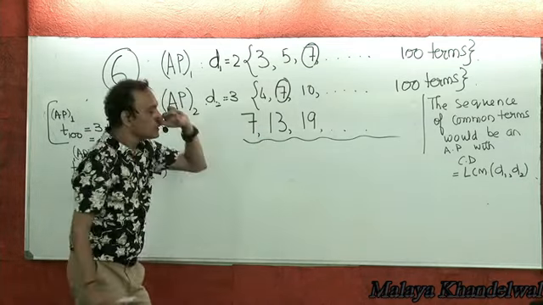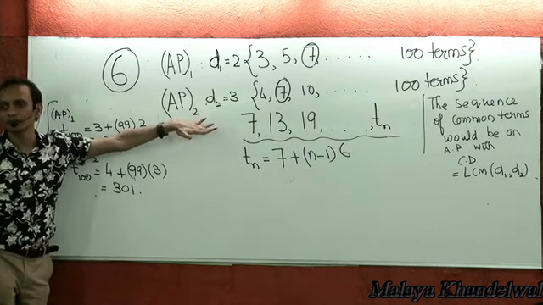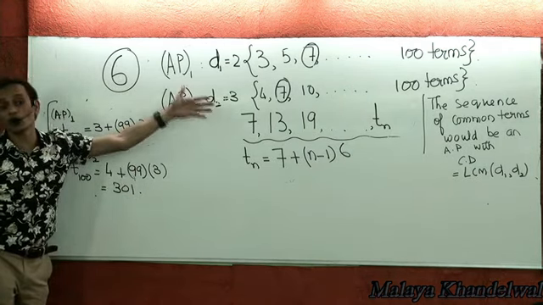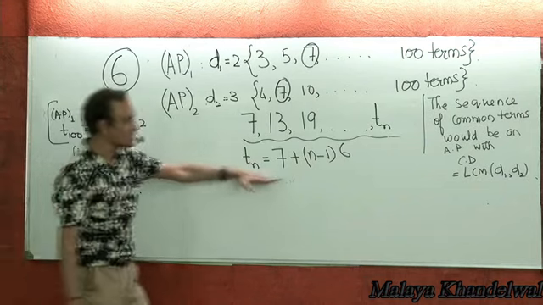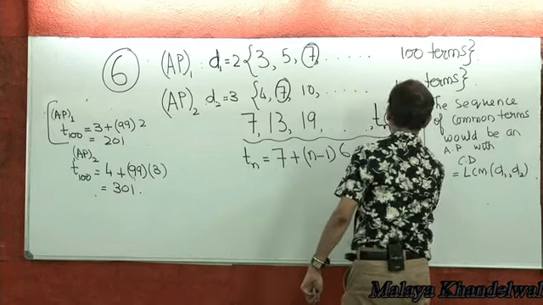We can't have a common term after 201 because the first AP doesn't have terms after 201. So the last common term has to be less than or equal to 201. This is the last common term and this cannot exceed 201.